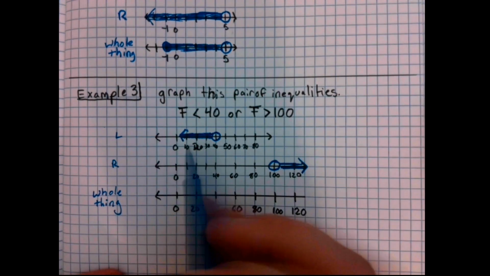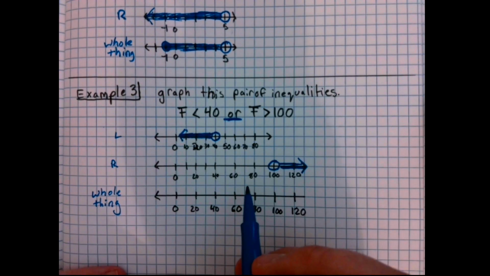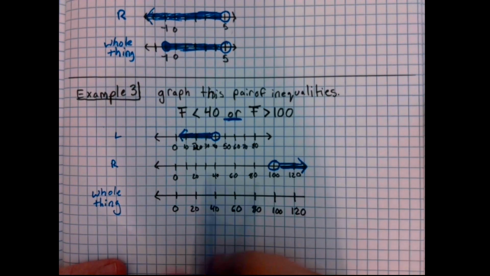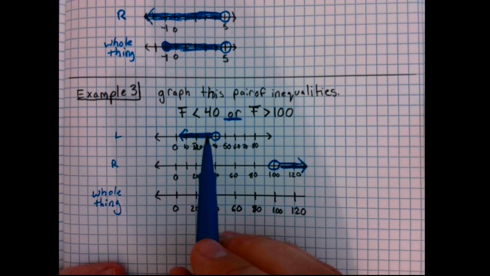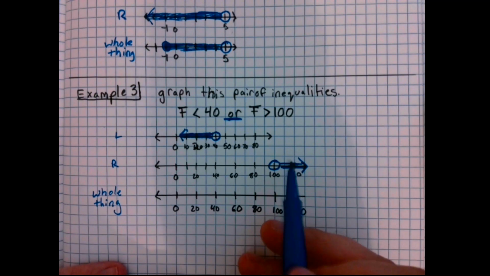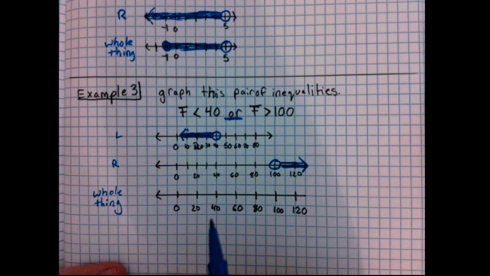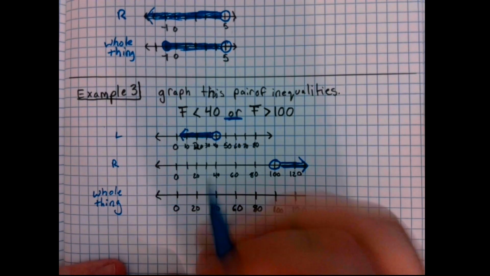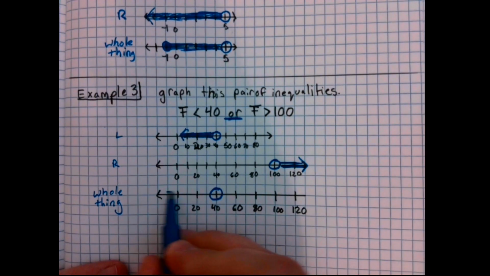Now, the whole thing is an OR statement, meaning we're doing something similar to the union, which means we look, is it on this graph? Is it on this graph? Or is it on both graphs? If any of those things are true, it's on here. So I'm going to copy from the first side down here, an open dot on 40 with a line going to the left.